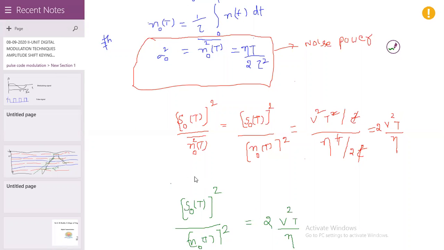This is a very, very important relation. For 5 marks questions, there are more chances to get this type of question. Okay?